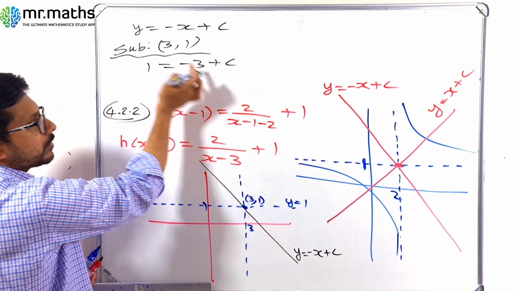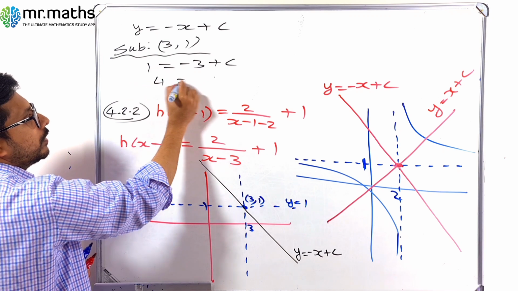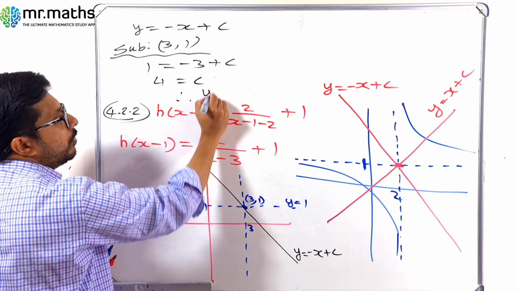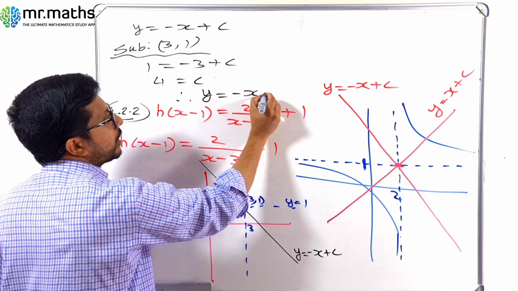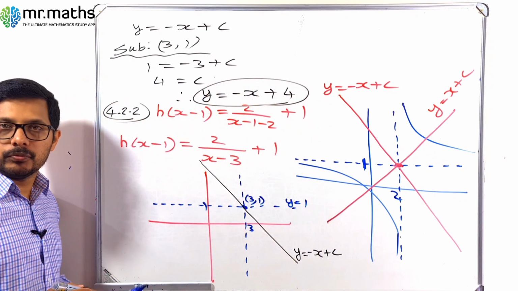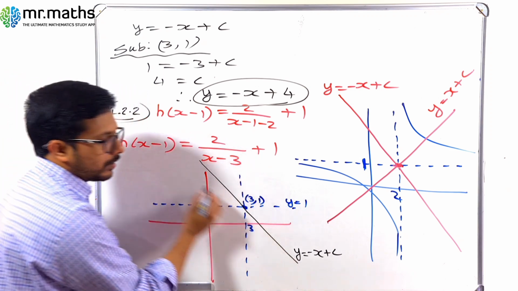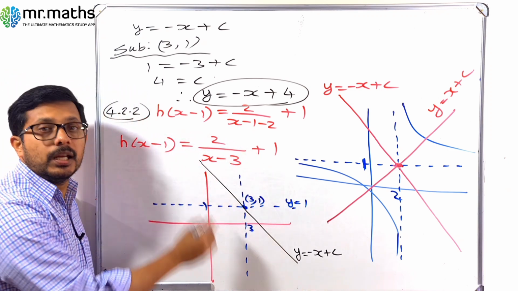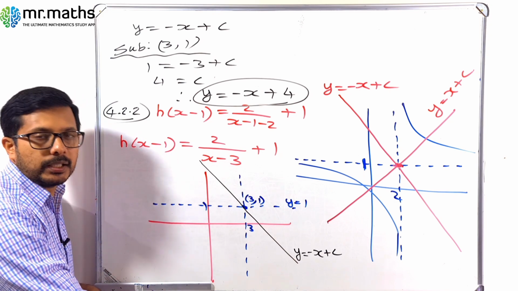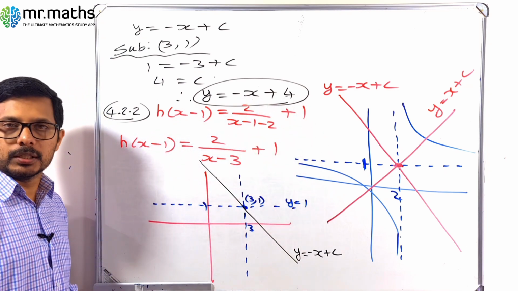Take this minus 3 to this side, so 1 plus 3, that is 4, is equal to c. So the general equation is y is equal to minus x plus 4. The c value is 4. So the equation of this axis of symmetry having a negative gradient, or a decreasing axis of symmetry, is y is equal to minus x plus 4.